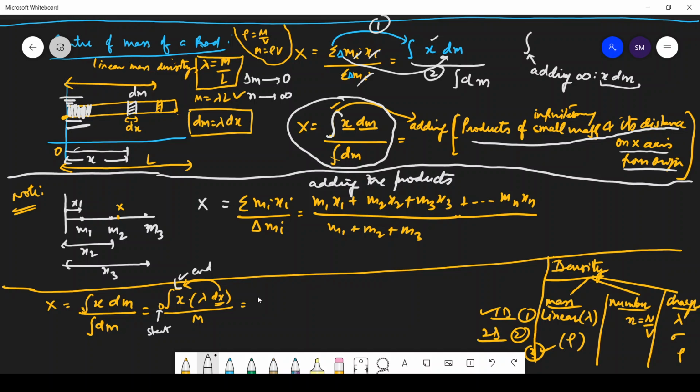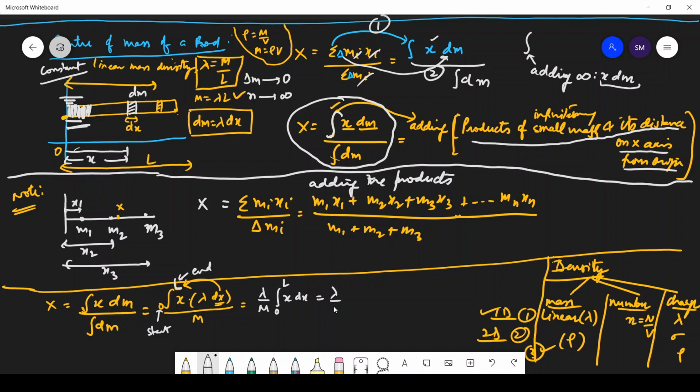Now this equals to, so all the constants, so lambda is constant, so we have this linear mass density constant in this case. Tomorrow we will do a case where this linear mass density is not constant, it is variable, but today we are doing constant. Okay, so this lambda upon m, and what will remain in the integral sign, x dx, 0 to L. So what is the integration?